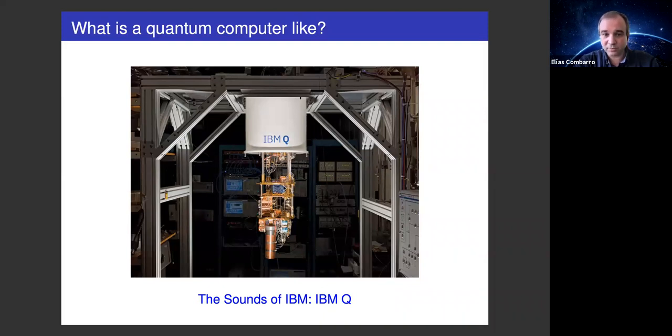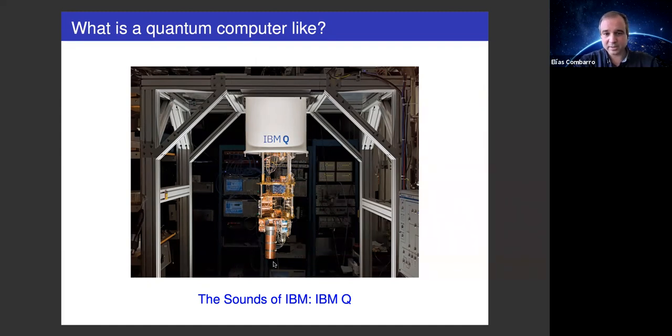Most of these things that you see here are devices that are used to keep the temperature very low, and also to control the behavior of the quantum chip, which is just at the bottom of all these devices. And when it works, this cylinder here closes completely.